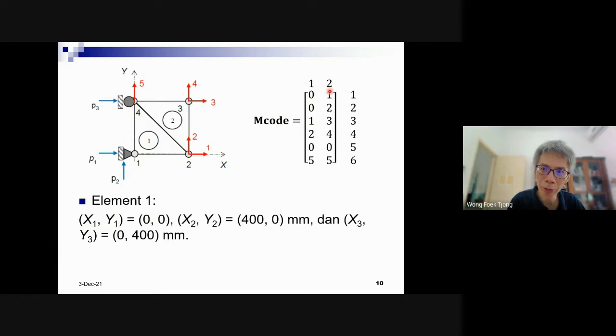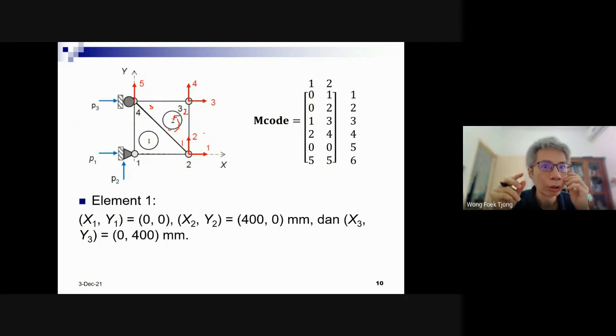For element number 2, we should first define the orientation of our local numbering, okay? In this example, I define it like this, 1, 2, 3. But it should always be counterclockwise. Why? Because when I formulated this element, I used the counterclockwise convention.